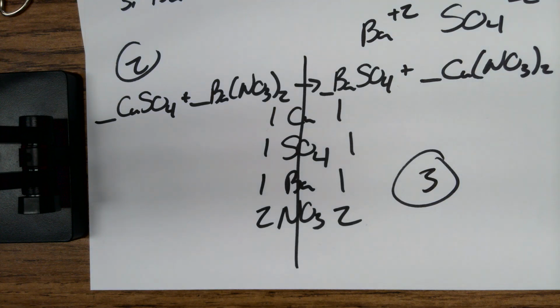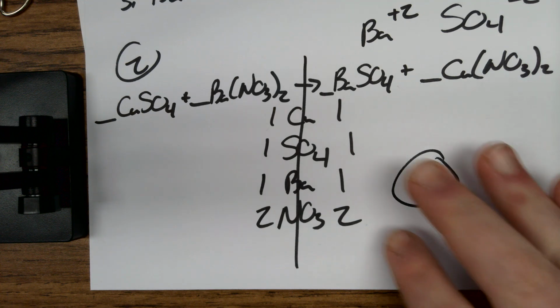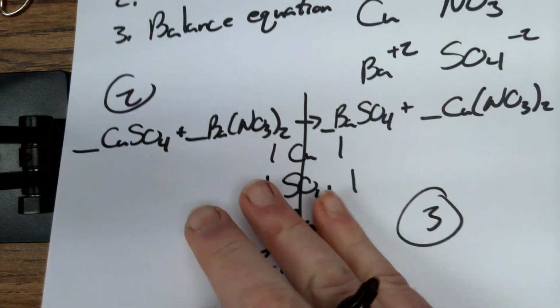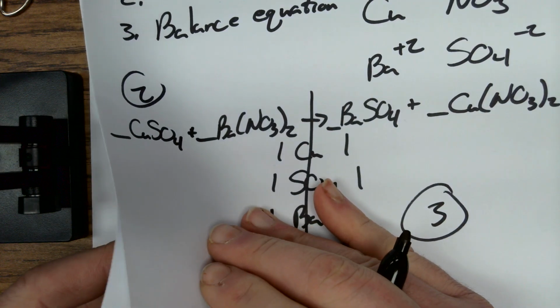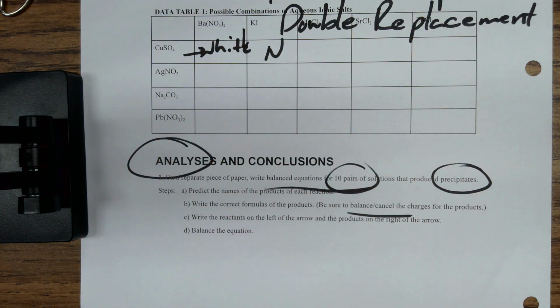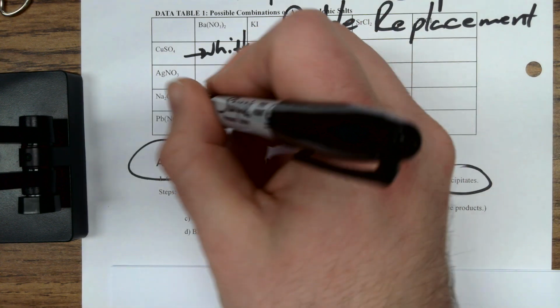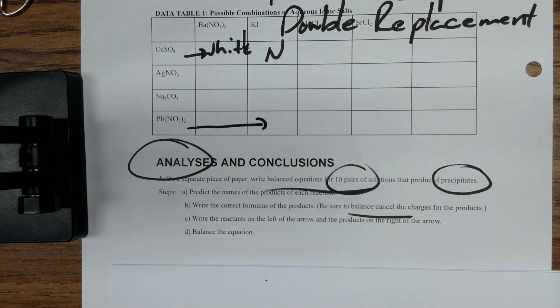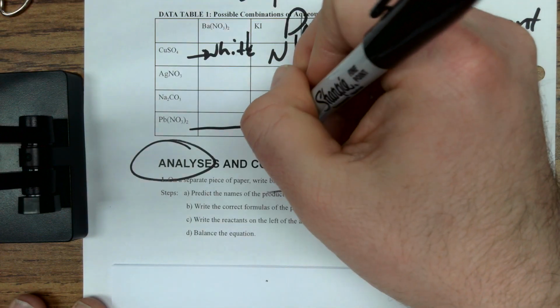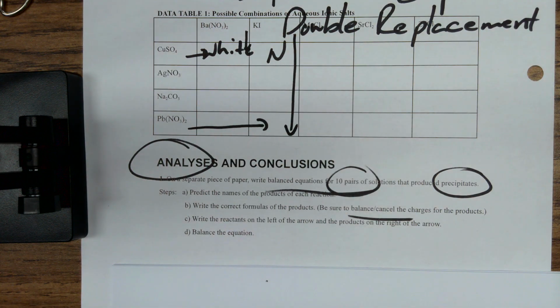Is that going to happen every time? No. In fact, let's take a look at one where that's not the case. That'll be our last one that we do, referring to the homework. Now, I know when I added lead nitrate and calcium iodide to each other, I formed a bright yellow powder in my well.